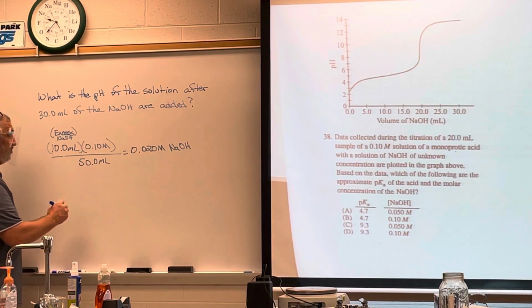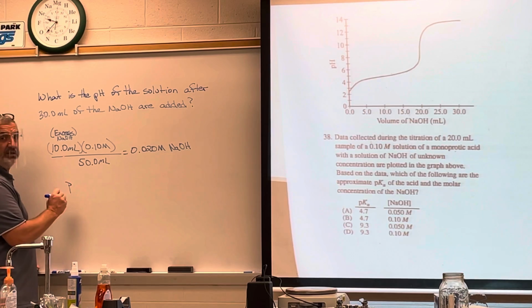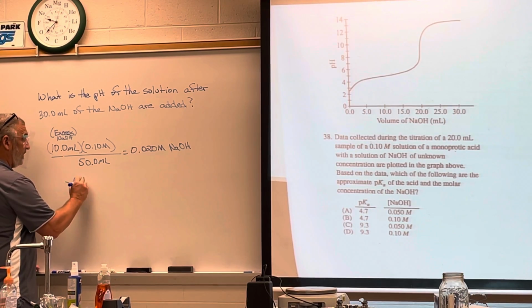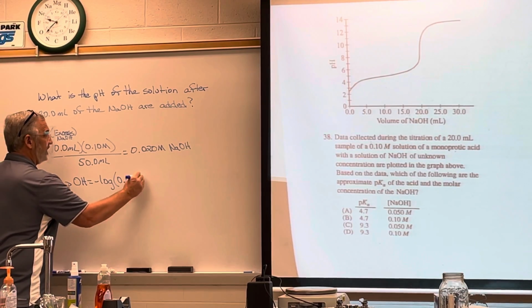Now how do I find the pH? Negative log, so that's going to give me the pOH. pOH is negative log 0.020.